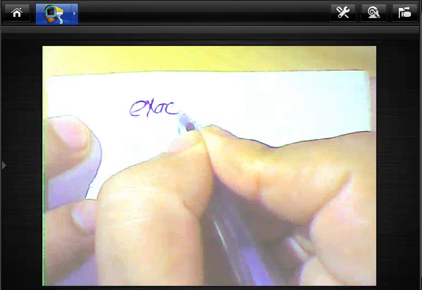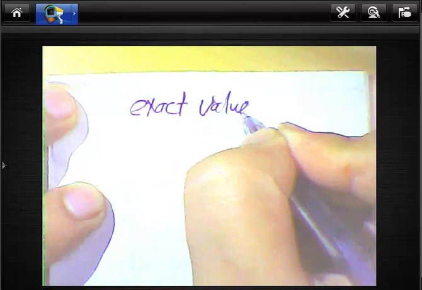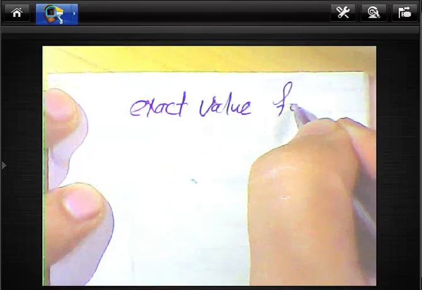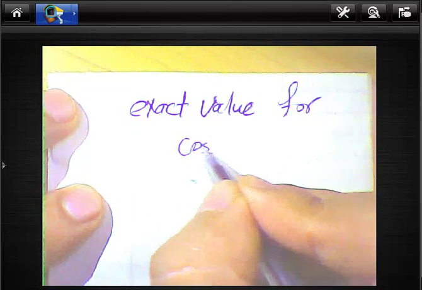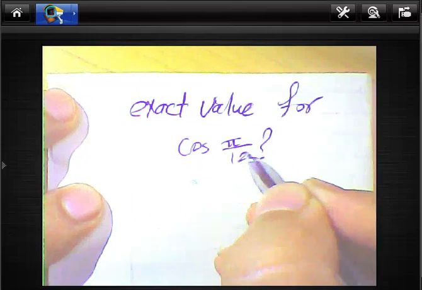Exact value for cosine pi over 12. Who can solve it?